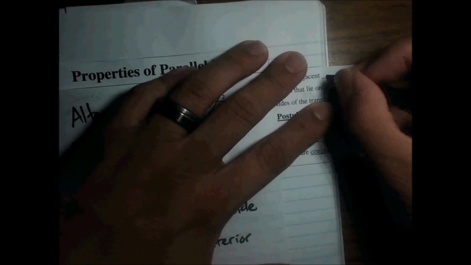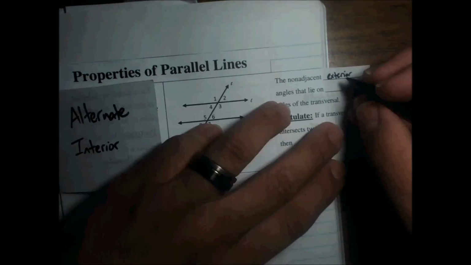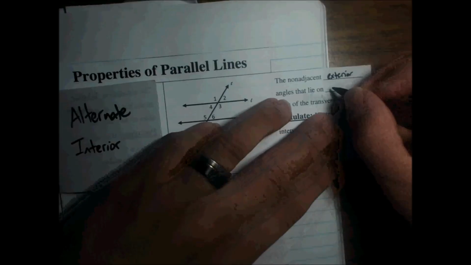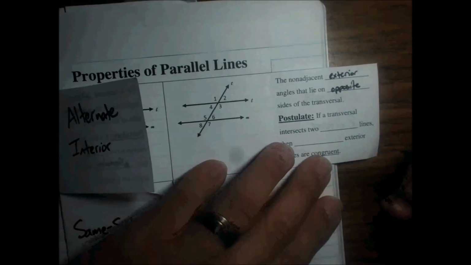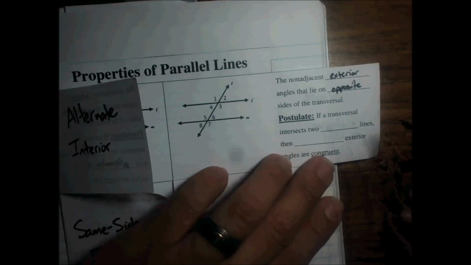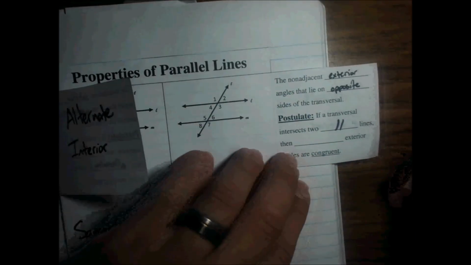And the postulate: if a transversal intersects two parallel lines, again parallel lines, then those alternate exterior angles are congruent. Right. So again, what do those look like? Well, let's use these two colors.